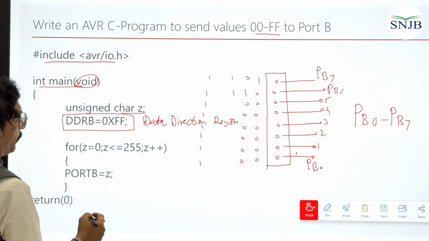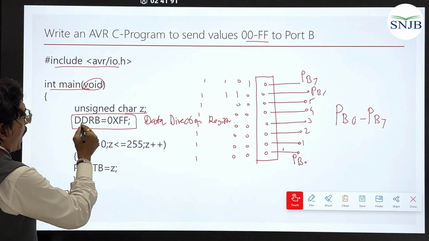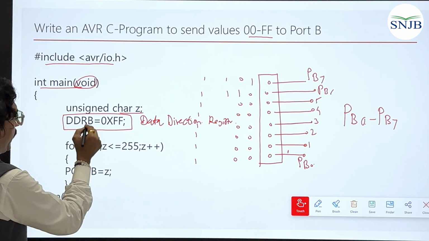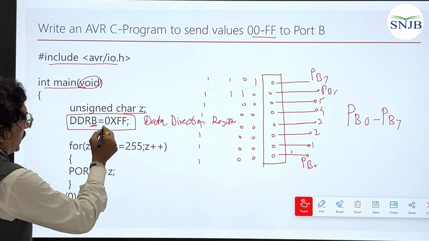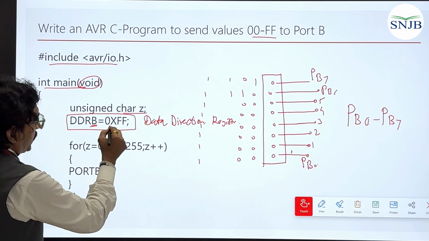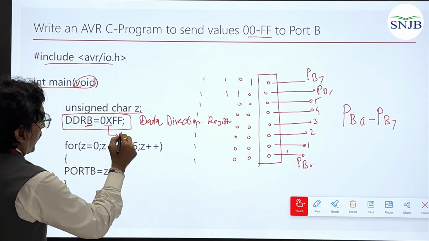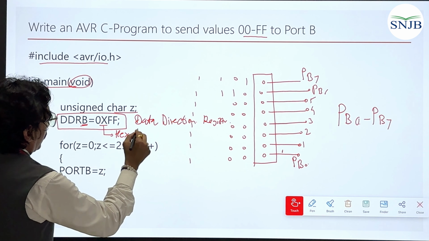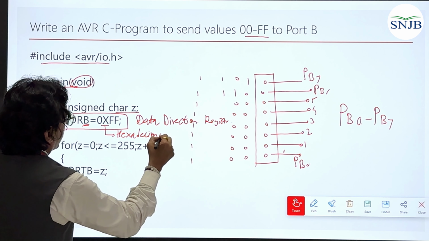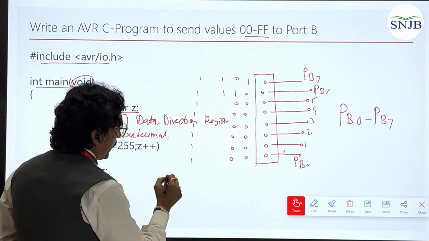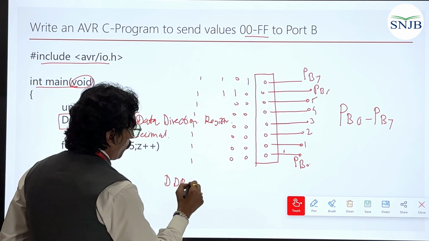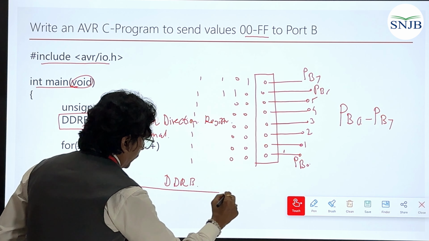So FF means of this DDR bit, the data direction bit specifically for port B, that's why B is over there, is equal to 0x. X is utilized because it is hexadecimal. FF means on this DDR for port B, all the bits.